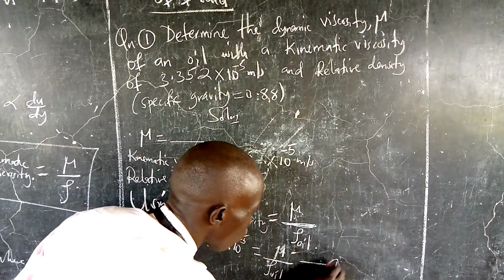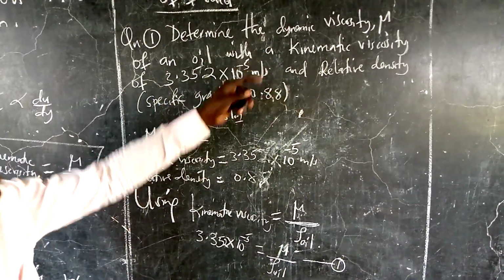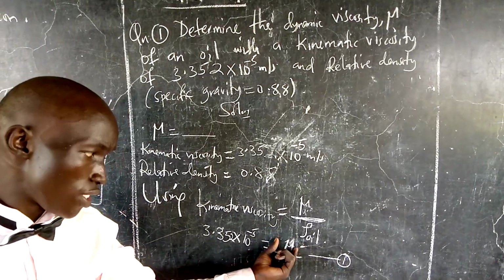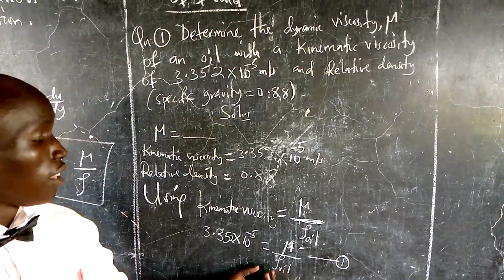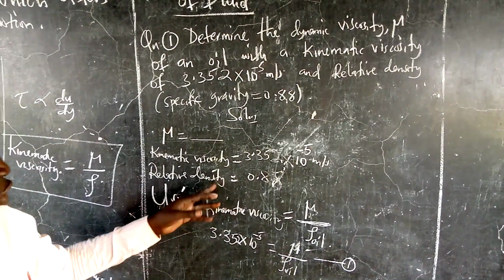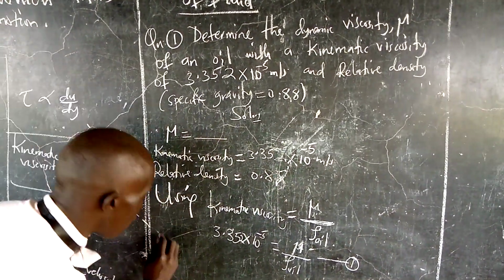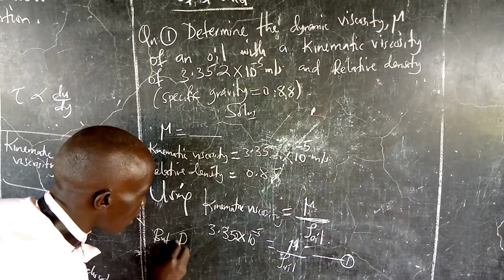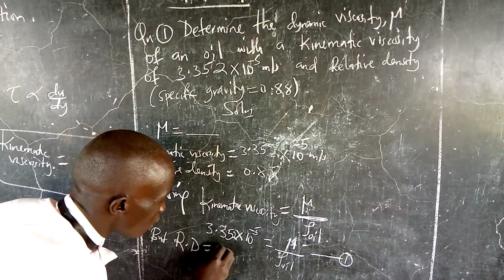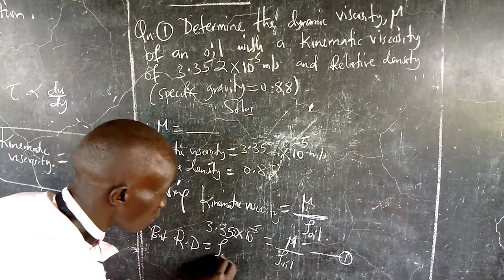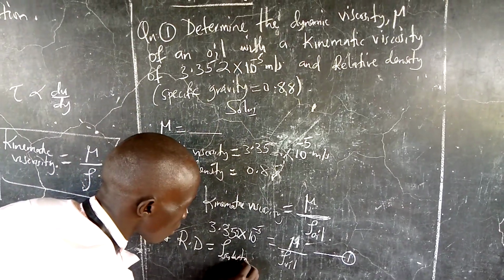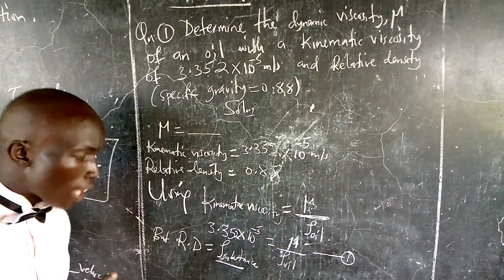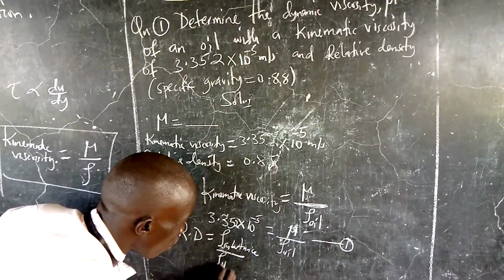Let's call it equation 1. So what do you want in the question? You want mu, which is dynamic viscosity. But you have to get density of oil first. Density of oil you can get from another relationship because you know relative density. Relative density is the same as density of a substance, which is oil here, over density of pure water.